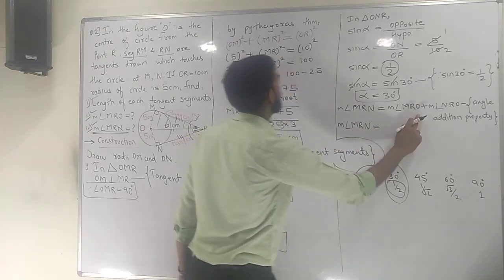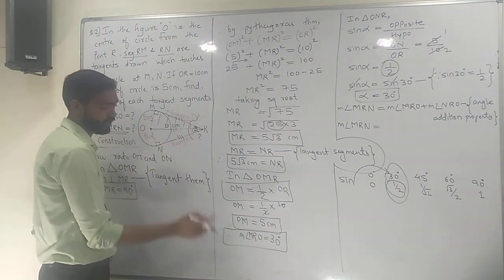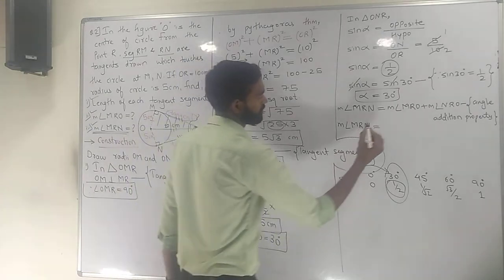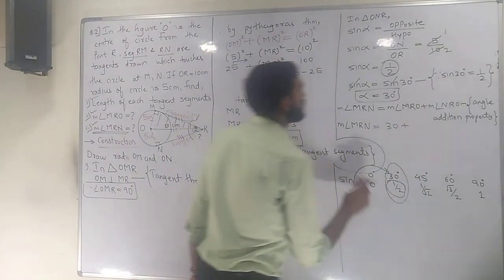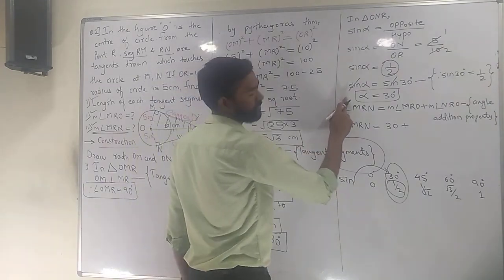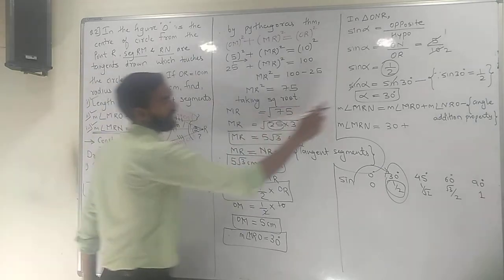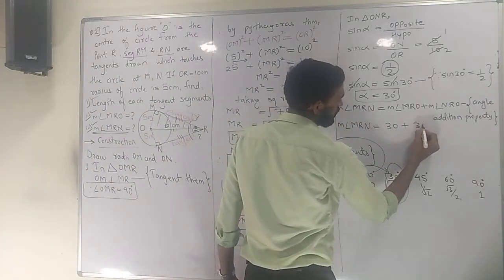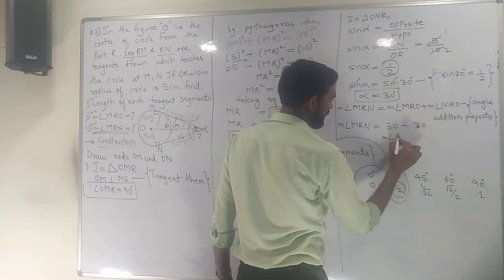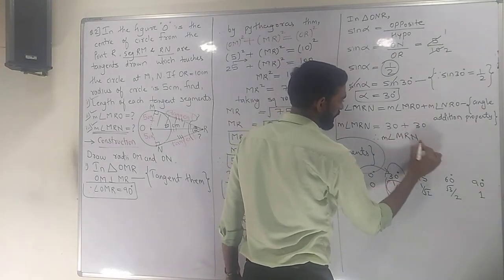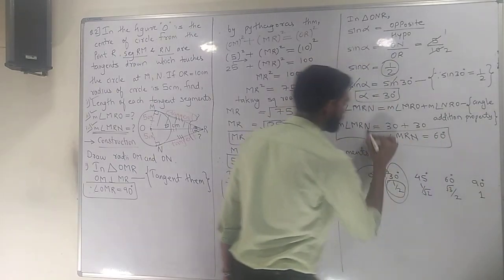Do we know MRO? Yes, theta we got. How much? 30 degree. Do we know NRO? Yes, here only NRO. We have taken this as alpha. So alpha value we got 30 degree. Add 30 plus 30. Therefore, major angle MRN we got 60 degree.